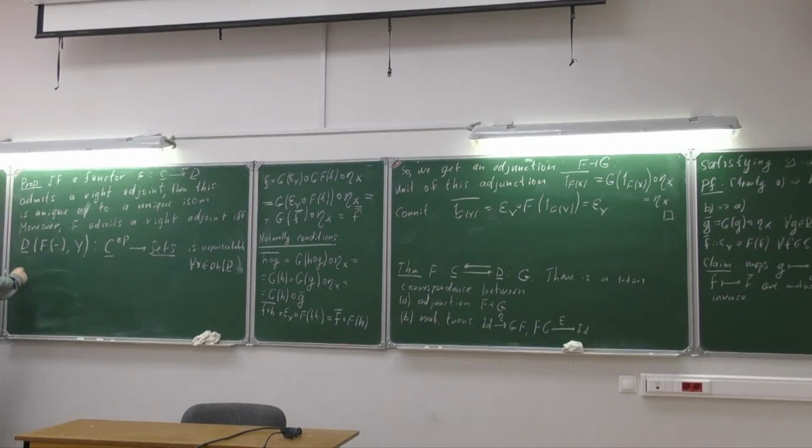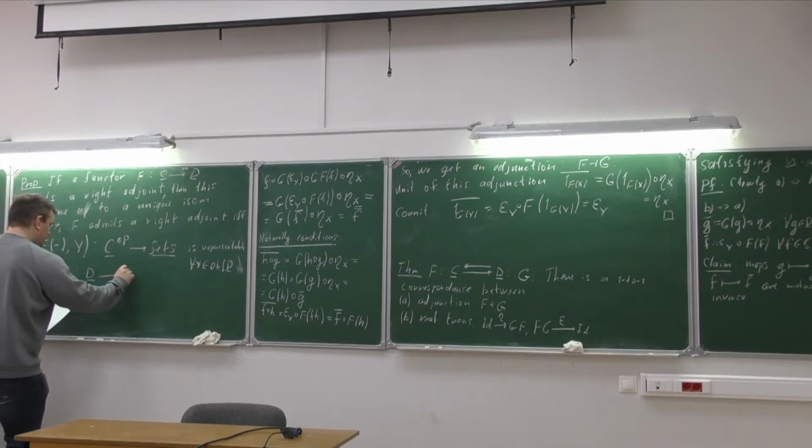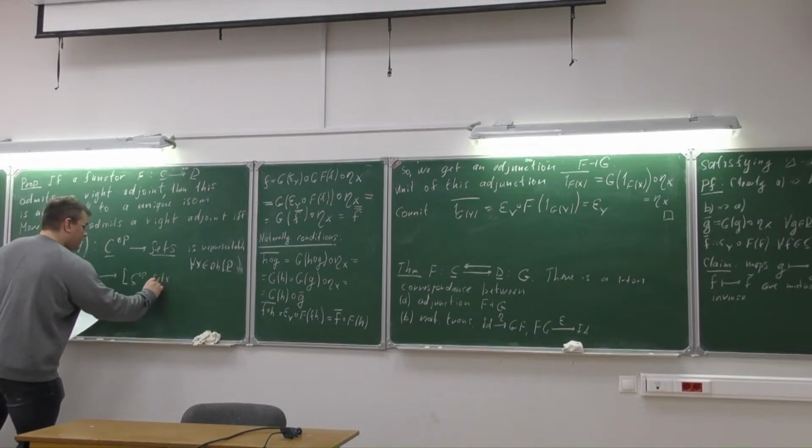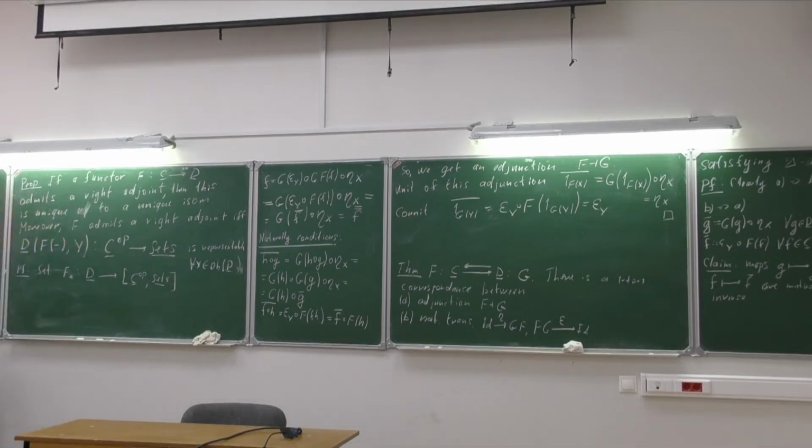So in the proof of this statement, I think the proof is easy and boring, so I'm going to skip some details. Essentially, I'm going to show you the main idea. Of course there are different proofs for this, but the proof I'm going to do has the following main idea. So I introduce functor f with a lower star, which is the functor from the category D to the category of the contravariant functors on the C to the category of sets.